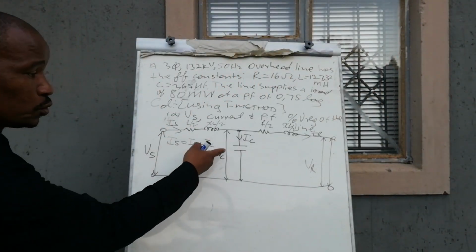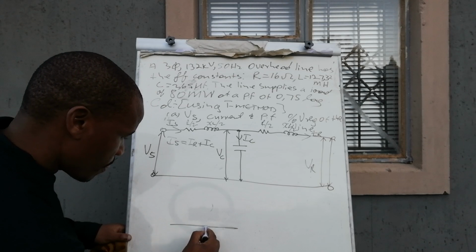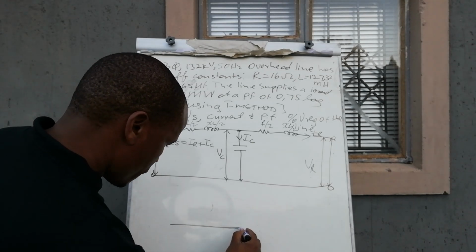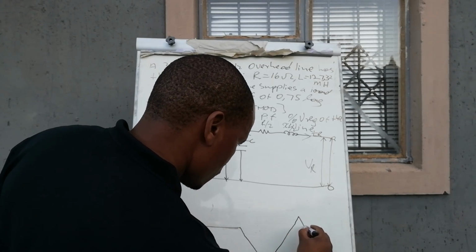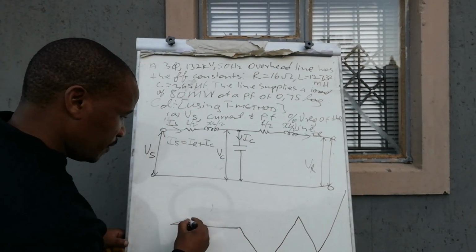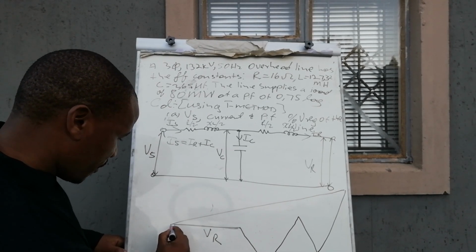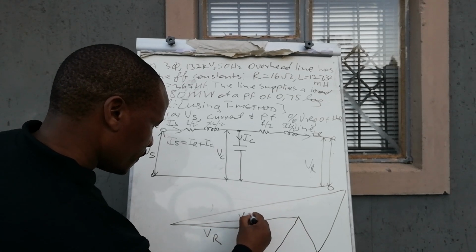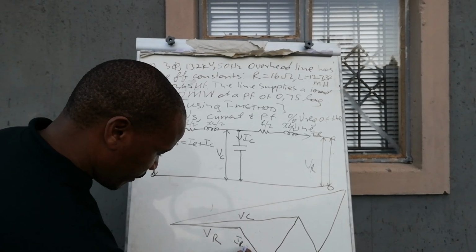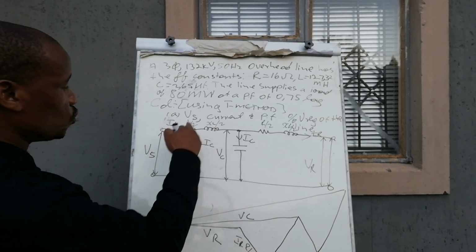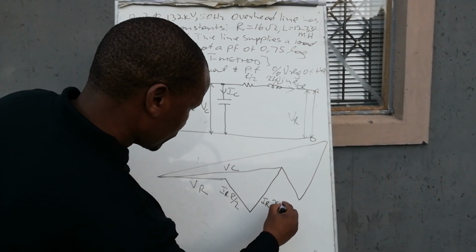And then, if we are to do the vector diagram of this before I erase, guys, it's gonna be the VR, okay, and then say this will be VS there, and then this is VR, and then from here to there it will be VC, and then of course this is IR multiplied by R over 2, and then this is IR multiplied by XL over 2.